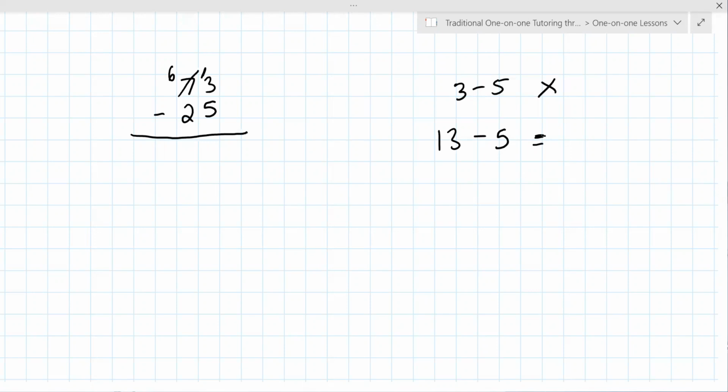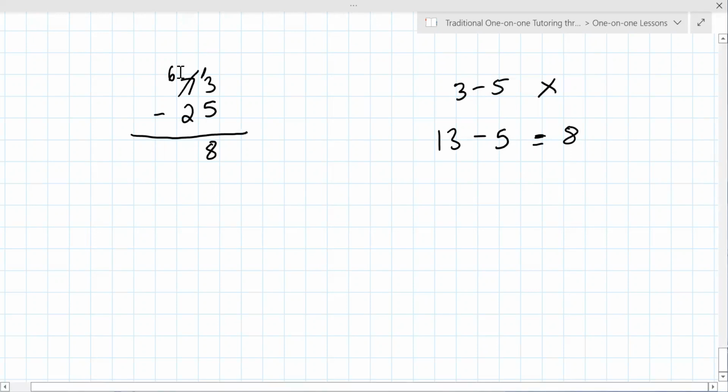Eight. It's 8, yeah. So the 8 goes down here, and then you take the 6 that the 7 changed into. 6 subtract 2 goes down here. 5.